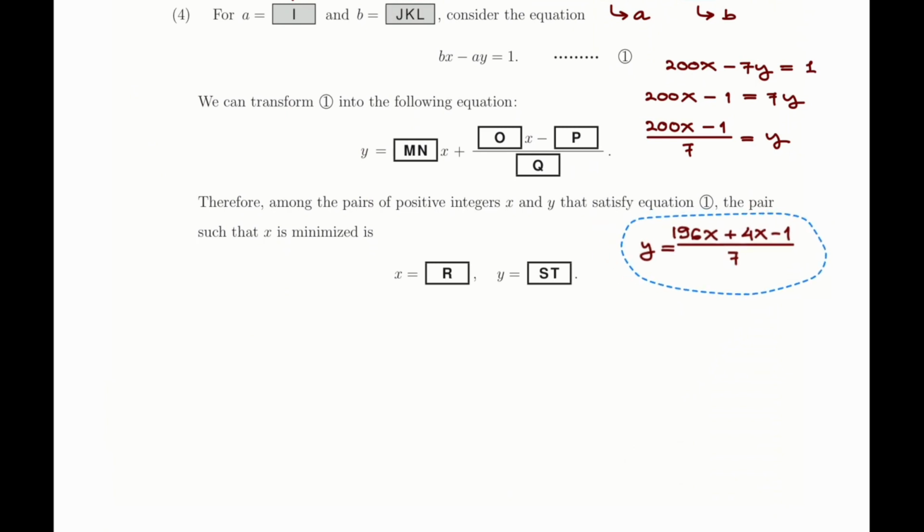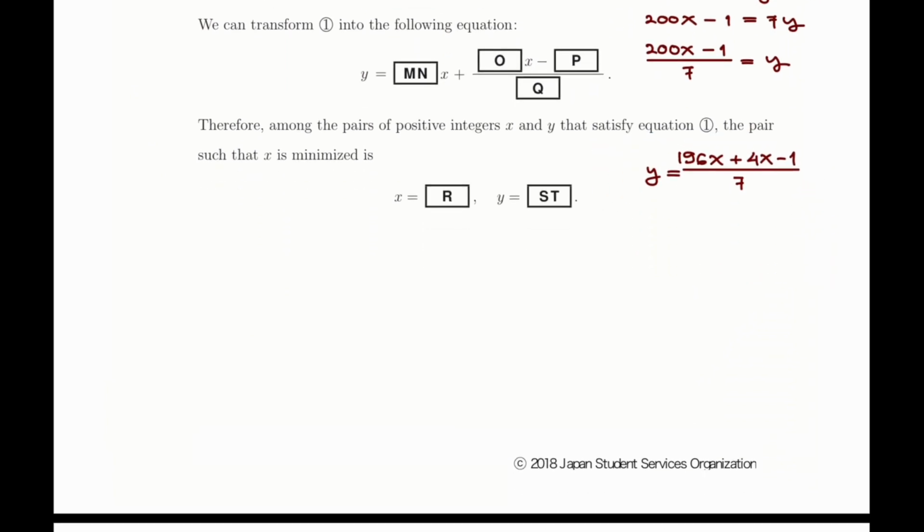Then I can separate the fraction: 196x over 7 plus 4x minus 1 over 7. 196 divided by 7 is 28, so we get 28x plus 4x minus 1 over 7.